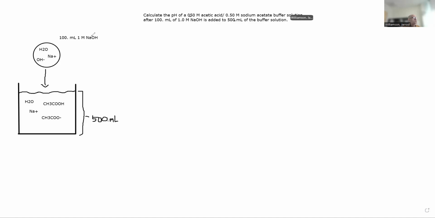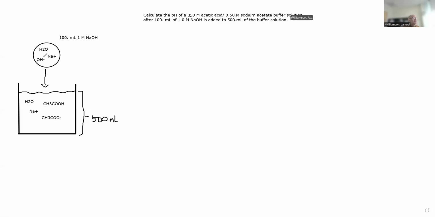And if it's 1 molar sodium hydroxide, because it's 1-to-1, I end up with 1 molar sodium ions and 1 molar hydroxide ions. So when I drop this in here, I'm dropping in water, and then dropping in sodium ions and hydroxide ions. Okay, and the concentration is 1 molarity hydroxide ions.